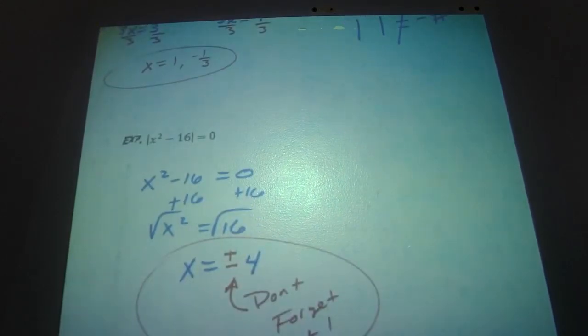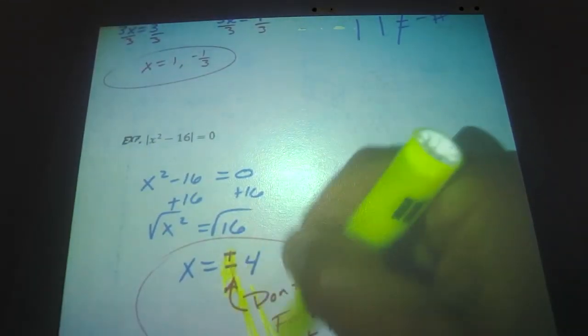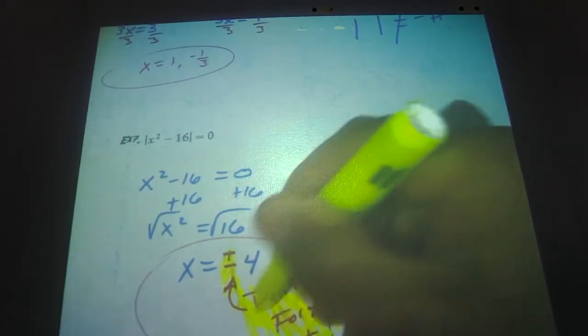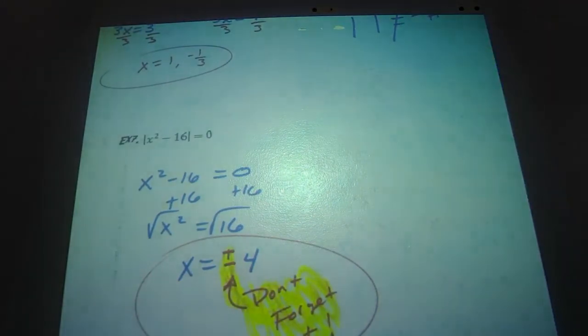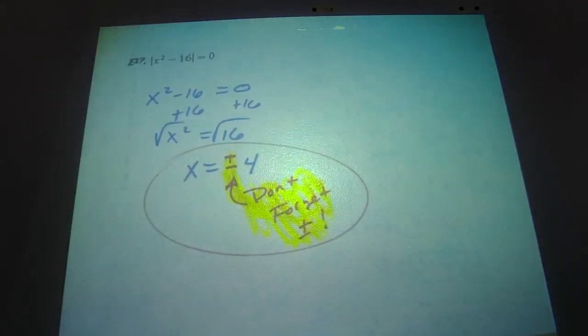Okay? Don't forget the plus or minus. I'm a highlighting guy. You guys got to figure that out. So if you're hopefully taking notes, highlight that again. Because you guys should be looking at your notes before we take quizzes and tests. That's how you verify, make sure you know what you're doing.